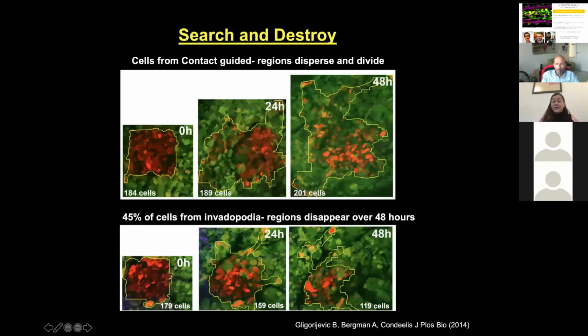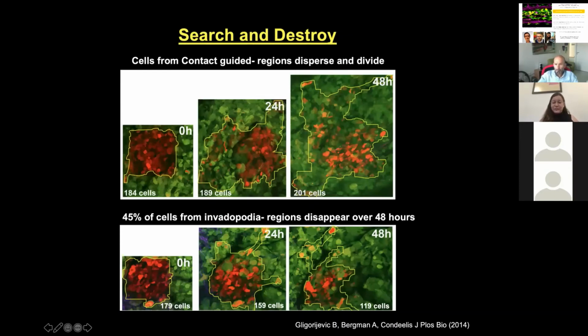Now, what are the functions of these two phenotypes? Now we could actually separate them. So the contact guidance leads the cells to disperse, and of course they're proliferating as well. So that would be the search mode. And the invadopodia phenotype is leading cells to enter into the blood vessels.